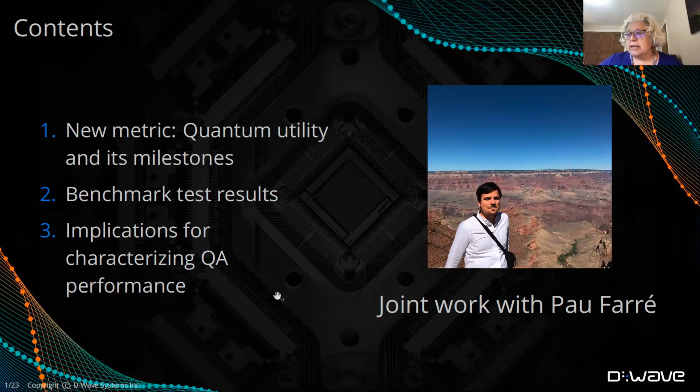Usually we just think of benchmarking as telling you what you observed, but this approach allowed us to do a little bit of model building and come up with explanations for the performance patterns that we were seeing. So there are some new intuitions that allow us to characterize QA performance, which means predicting the circumstances under which it might do better or worse than classical computation. So that's what this is about.